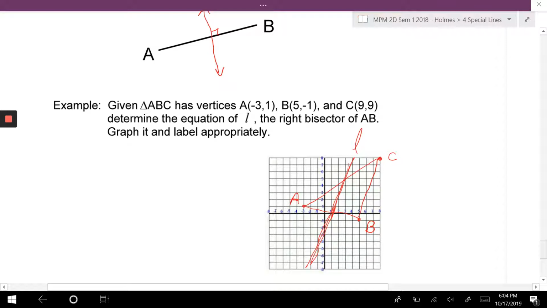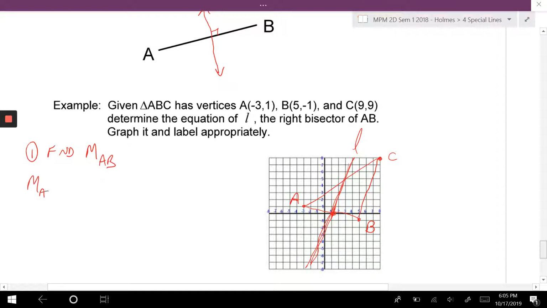So first of all, in order for this to bisect AB, I'm going to need to calculate the midpoint of AB. It kind of looks like it's passing at (1, 0), but we're going to need to confirm that algebraically. So the first step is to find the midpoint of line segment AB of that triangle using the midpoint formula.